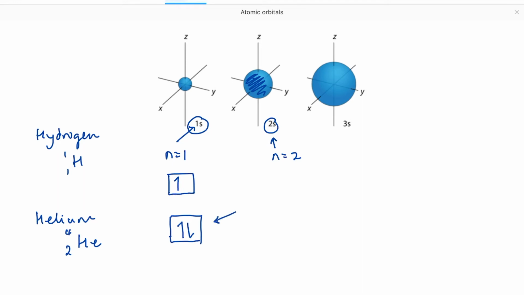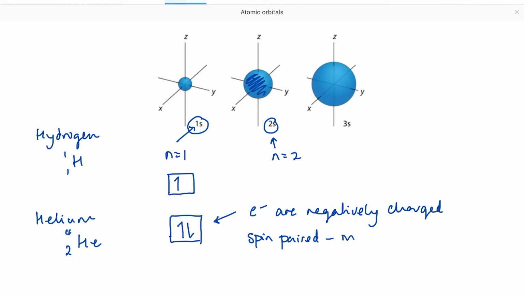Why have I drawn the arrows like this? Well, electrons are negatively charged. We all know that. I would hope by now. All negatively charged, which means that there's going to be repulsion between them. And once again, the equations predict that in order to minimize repulsion, these electrons are said to be spin paired.